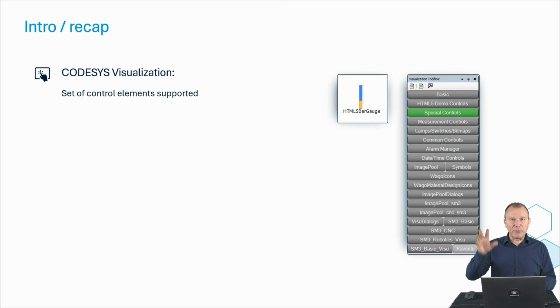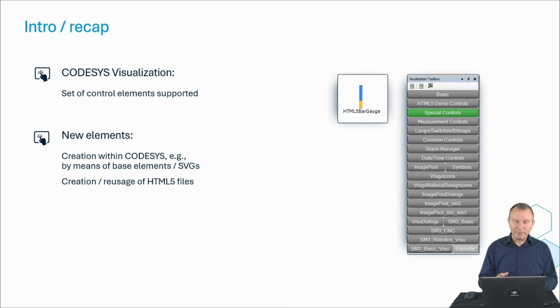And for that purpose, you have on the right side of the visualization editor, typically the visualization toolbox with a certain list of elements that you can immediately use. However, if you realize a new visualization screen, an operator screen, you will for sure need some new elements. You can generate directly visualization objects inside the CODESYS development system and then reuse them. Or, this is the new feature, work with HTML5.